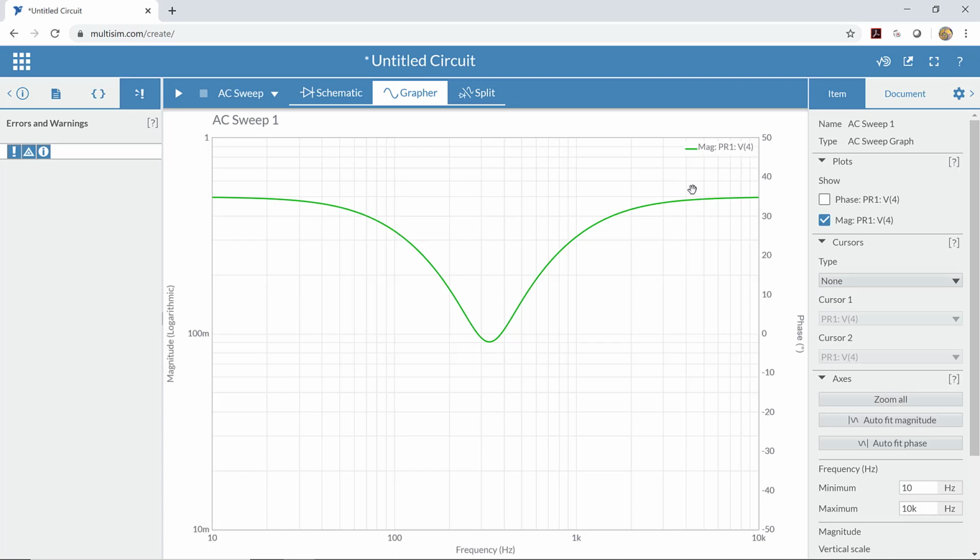Likewise, at the high end, it's also moving about halfway, and in the middle frequencies, those are getting cut off quite a bit. So this is a nice band stop filter. This is what we're looking for. That's how you can create a band stop filter, and how you can design it on multisim.com.